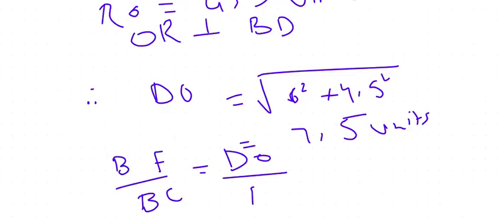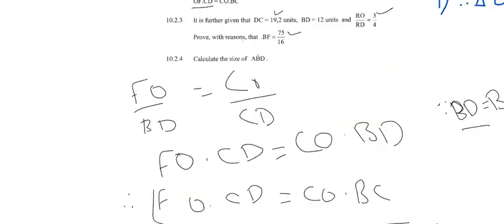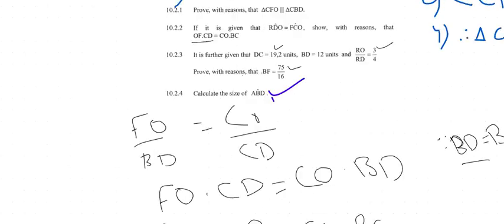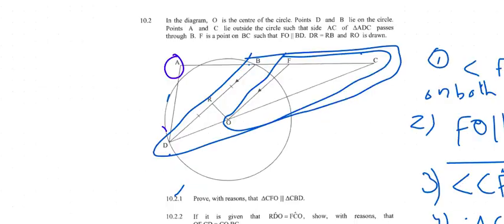And what is the fourth question? The fourth question is to calculate the size of ABD. We have to calculate the size of angle ABD in this triangle. So how do we calculate it?